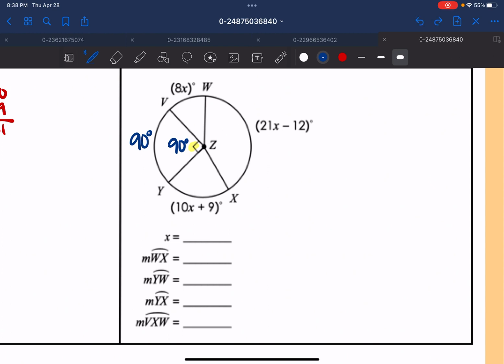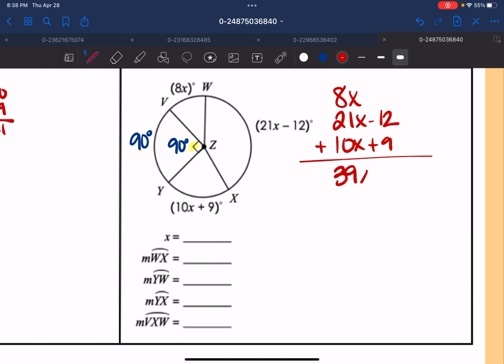So when I go to combine my like terms, I'm going to say 8x plus 21x minus 12 plus 10x plus 9. And I'd just like to vertically line up my like terms. 21 plus 10 gives me 31, plus 8 gives me 39 x's.